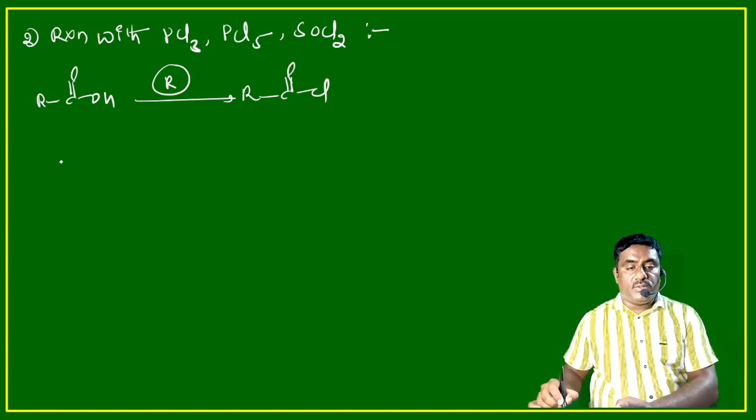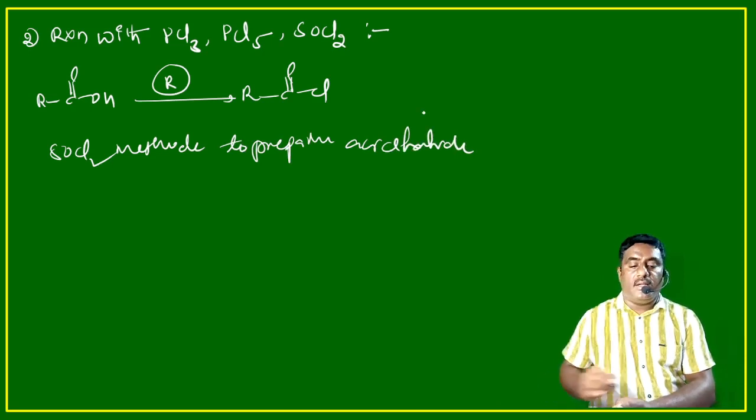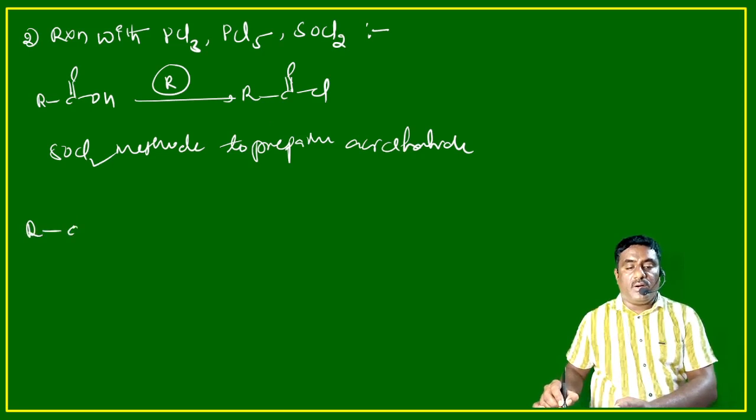So the SOCl2 method to prepare acid halide is the best method. So how to prepare? RC double bond OH, in presence of SOCl2, this can be written like this.